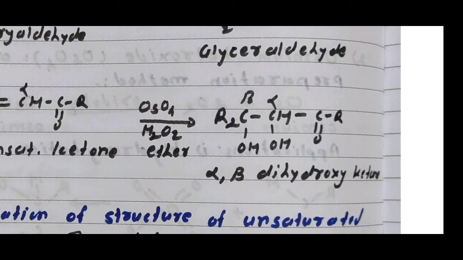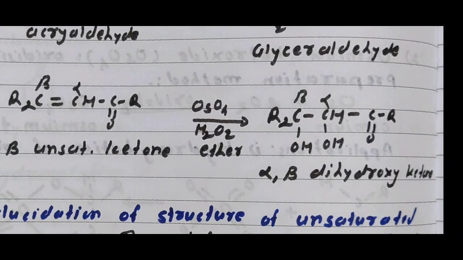At the alpha position there is one OH group, and at the beta position another OH group. Therefore, the name of this compound is alpha beta dihydroxy ketone. Here the alpha beta unsaturated ketone in presence of OsO4 and H2O2 is converted to the alpha beta dihydroxy ketone. This is OsO4 used as a catalyst.